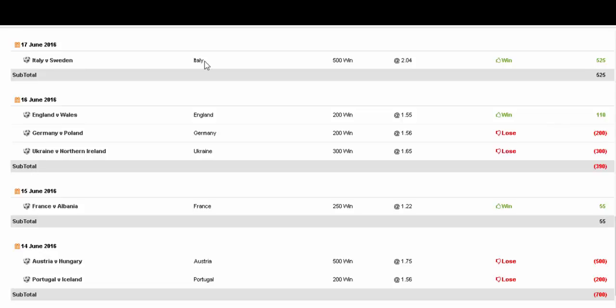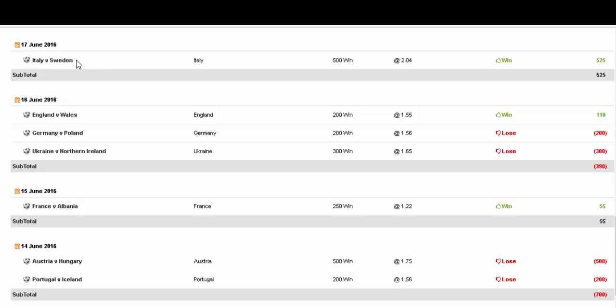Italy-Sweden, I thought, was a simple bet, because Italy had been superb against Belgium. And Belgium being one of the really fancy teams. And Sweden were a Class C team, according to the machine learning algorithm.